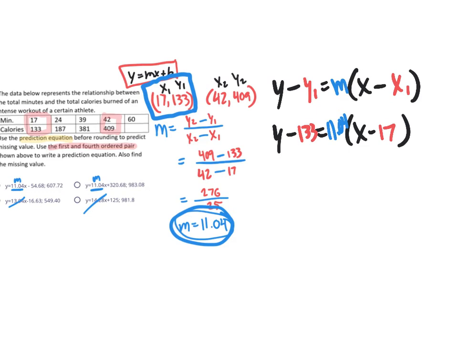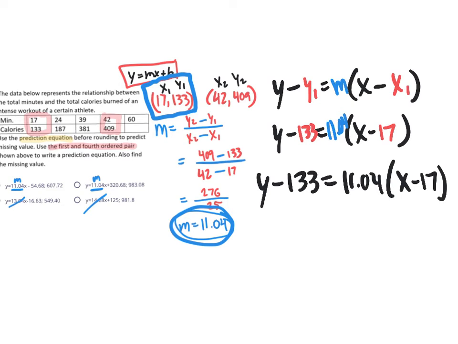So our equation so far is y minus 133 equals 11.04, let me rewrite it so it'll be nicer, times x minus 17, and we need to distribute the 11.04. So you have 11.04x, and 11.04 times negative 17 is negative 187.68.